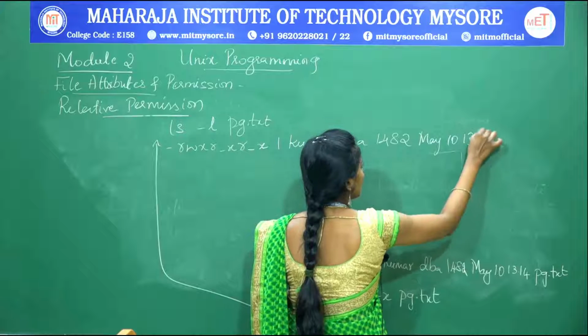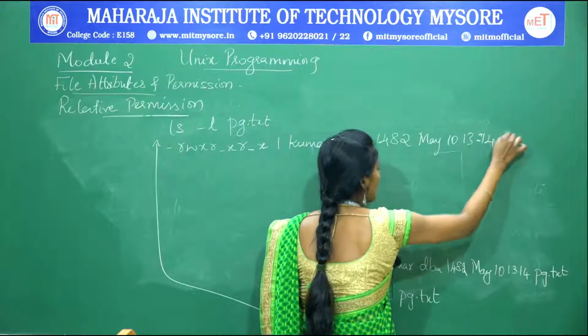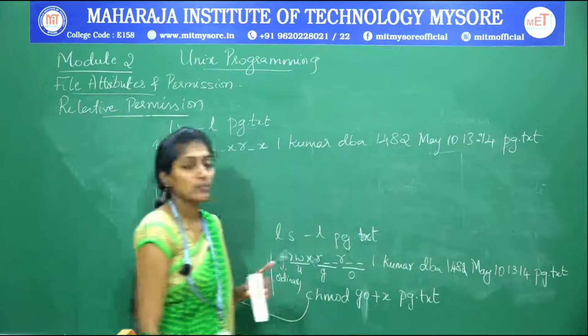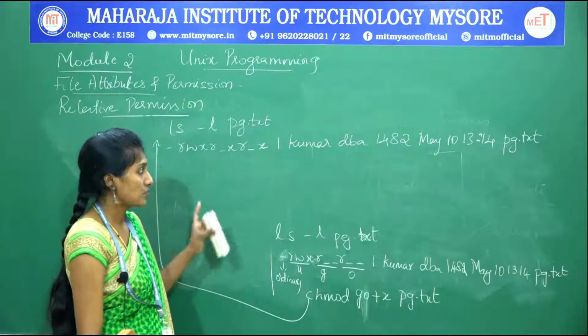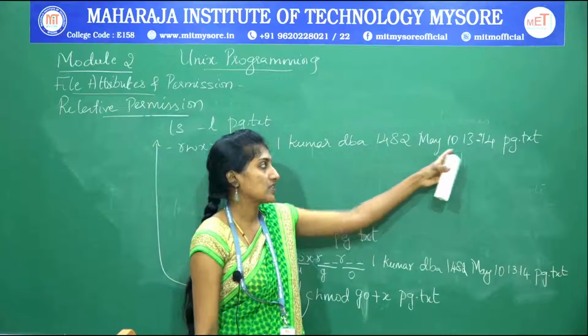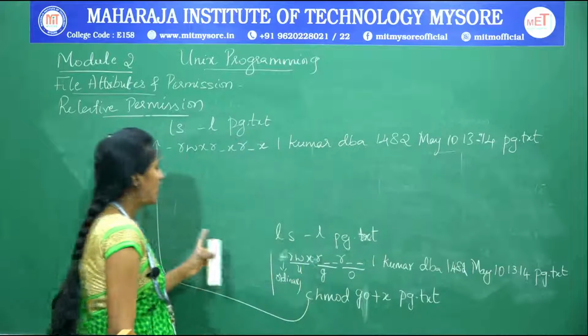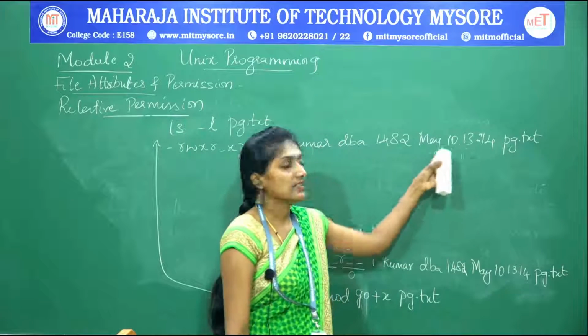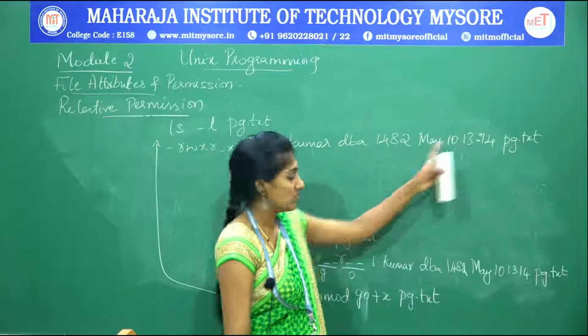As you can see here, the last modification time has not changed because you are not modifying the content of the file, you are just modifying the file permission. If you modify the content of this file pg.txt, then this modification time is going to change here.